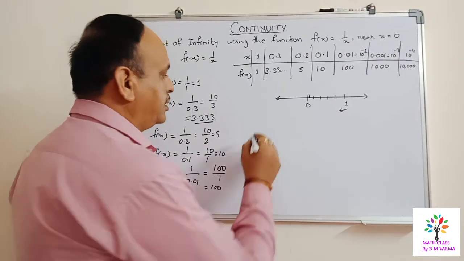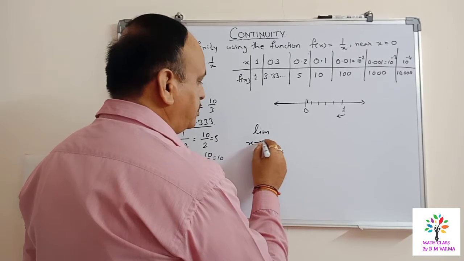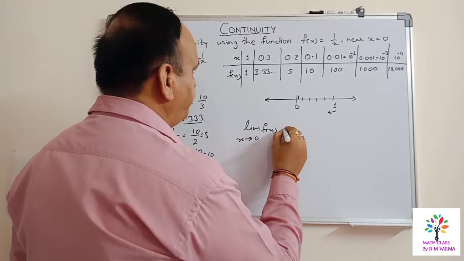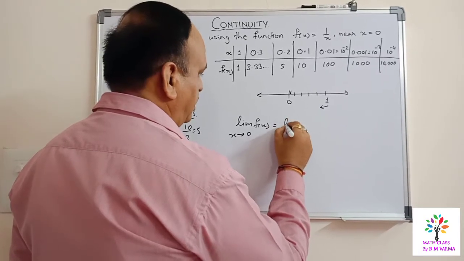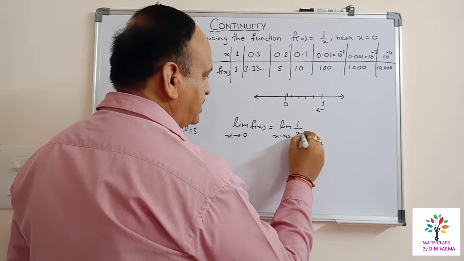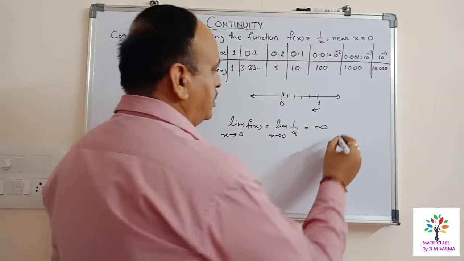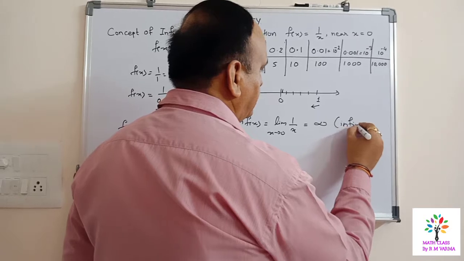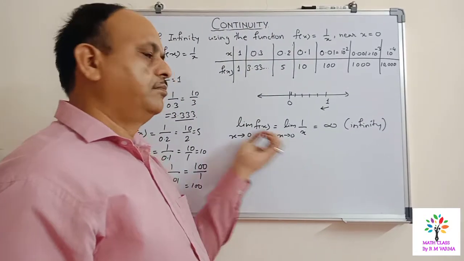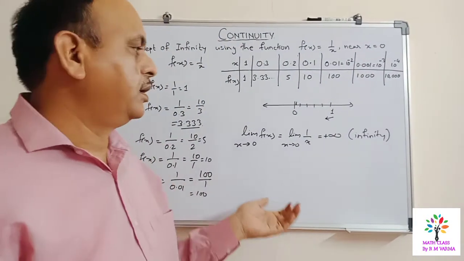Now, if I find the limit x tends to 0, f(x), that is, limit x tends to 0, 1/x, the answer turns out to be infinity. So this is from the positive side. So I write plus infinity.